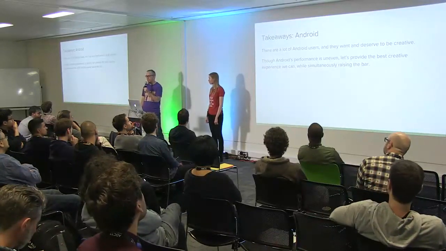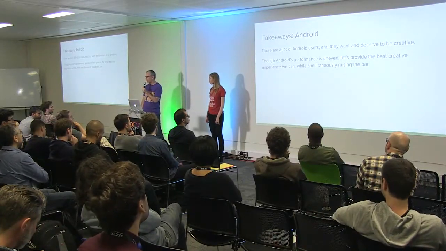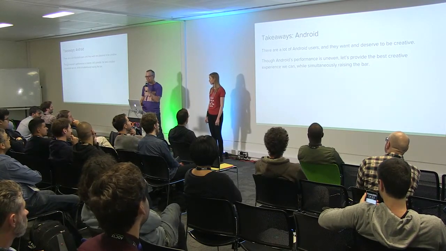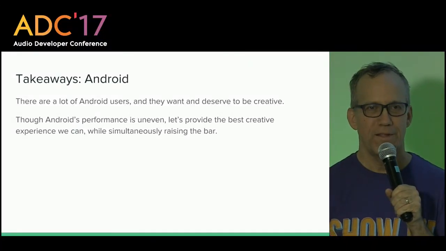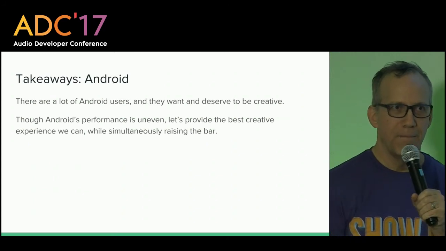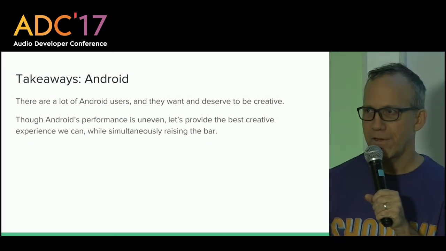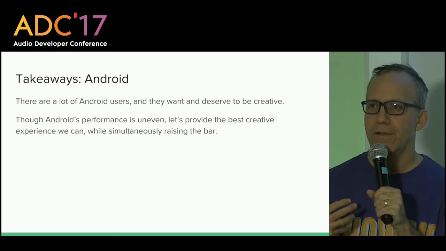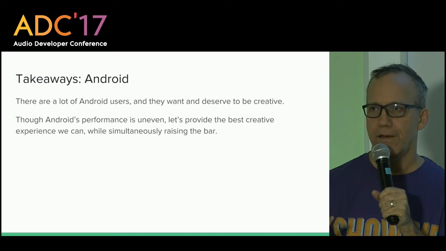On the Android side, the takeaway I'd really like for you to remember is that there are a lot of Android users out there, and they would love to be creative, and they deserve to be creative. And so, yes, it's true that Android has had performance problems. It is getting better, but it's still not where we want it to be yet. But even in that current situation, there are ways that people can be creative, even on Android in its current state.